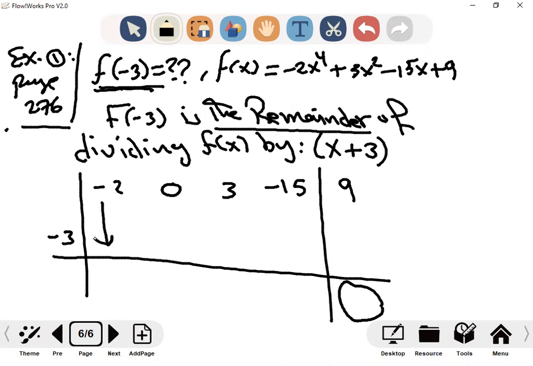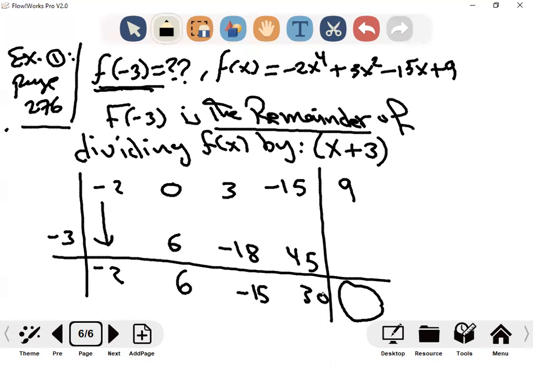Now put the -2 down and do your multiply and add. -3 times -2, +6, plus 0, +6. -3 times 6, -18, plus 3, -15, right? -3 times -15, +45, minus 15, 30. Bring the 30 down, right?